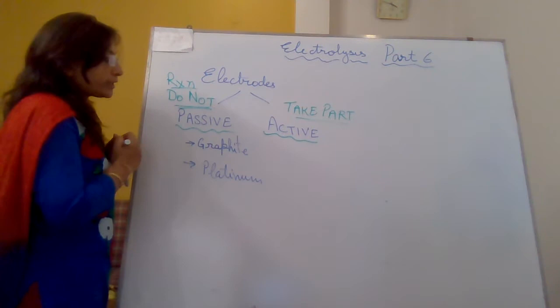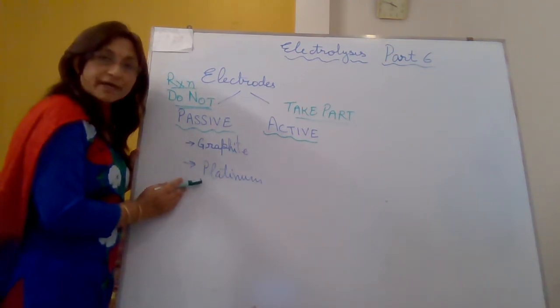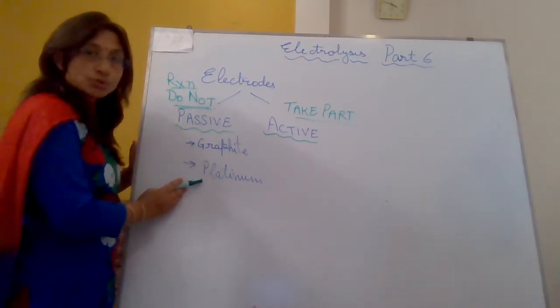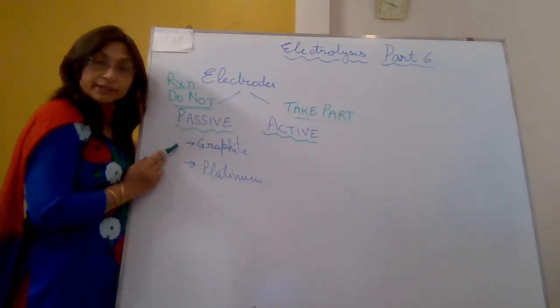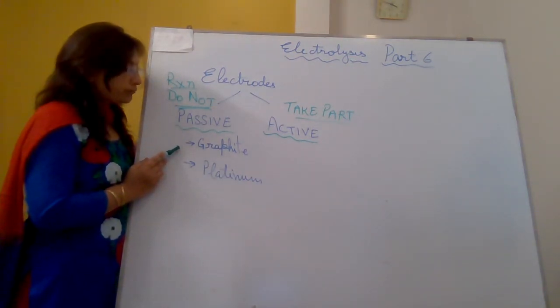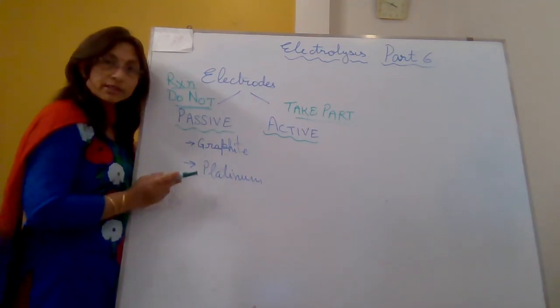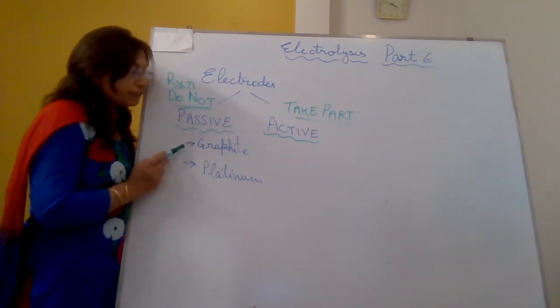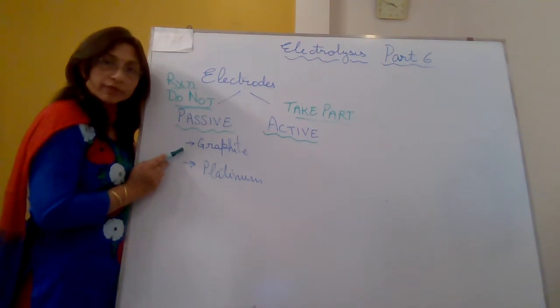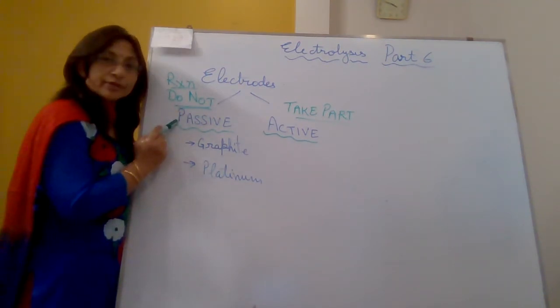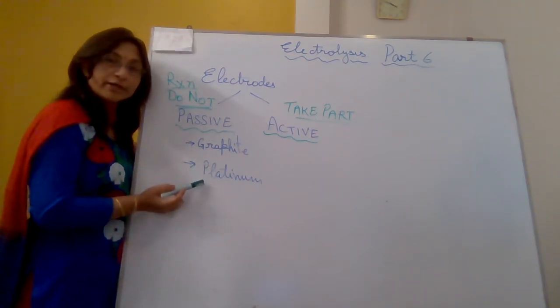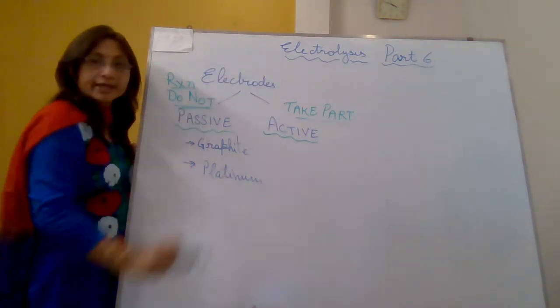Now, the various types of passive electrodes that can be used depend upon the material that we have chosen. For example, graphite or platinum. If your electrodes are made up of graphite or of platinum, they both are your passive electrodes, because neither graphite nor platinum will take part in the electrolytic reaction.